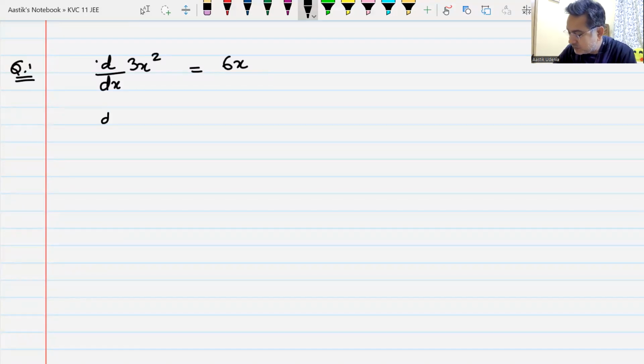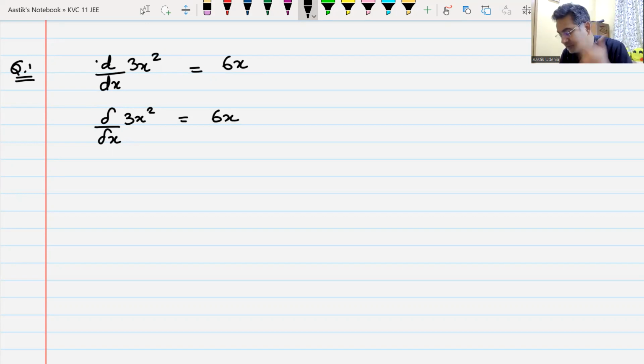If I now ask you what is the partial derivative of 3x square? The partial derivative of 3x square is also 6x. x is the variable, and in the first equation also x is the variable. Partial derivative of 3x square with respect to x is 6x.